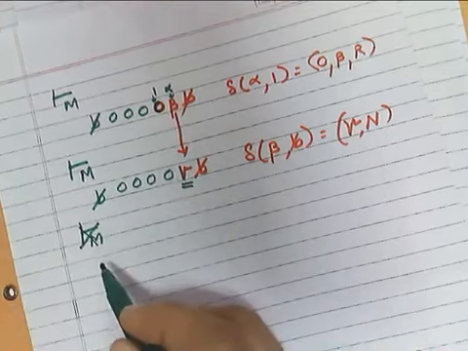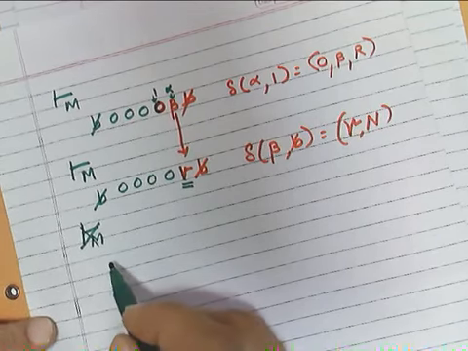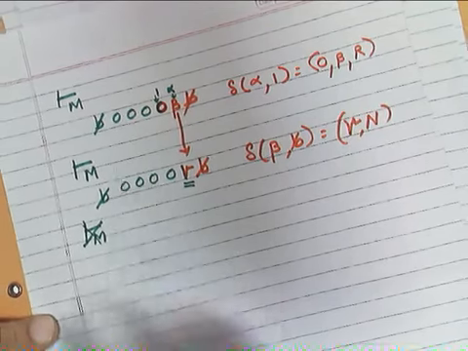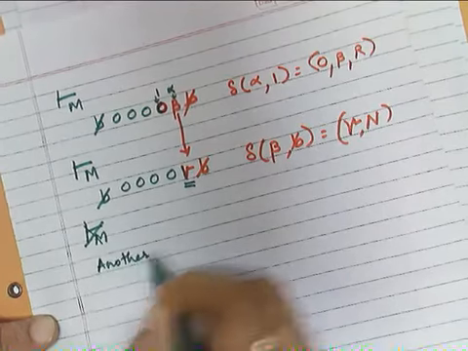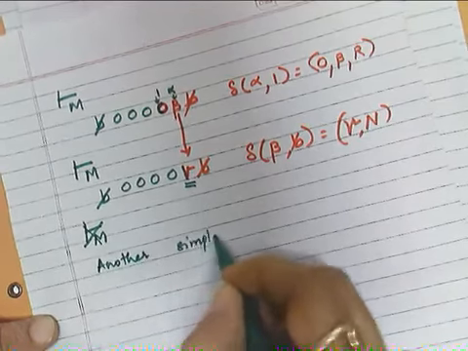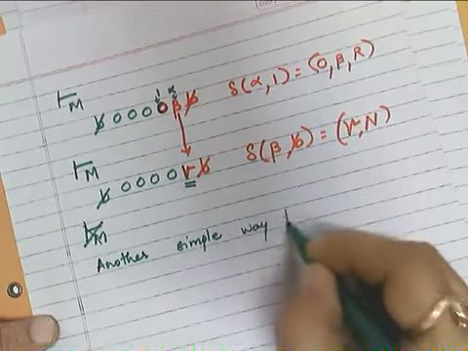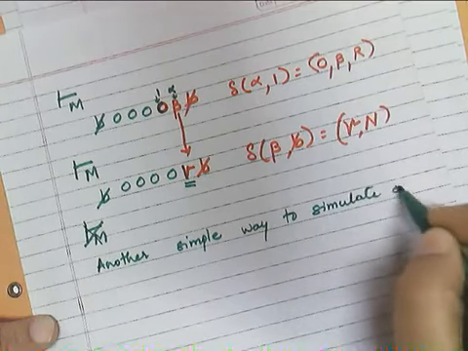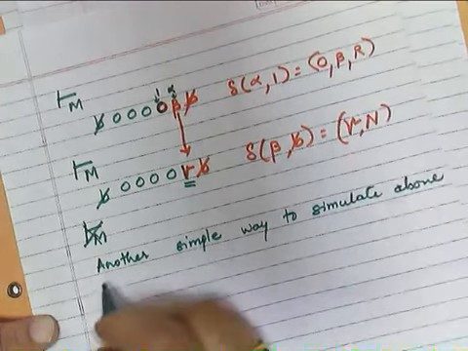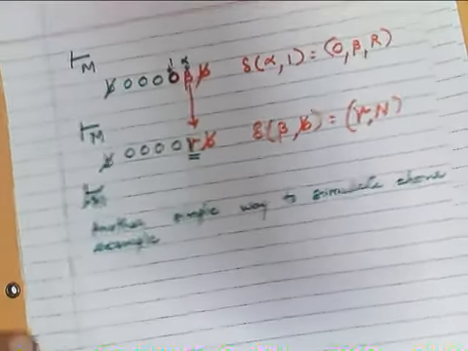Now there is one more preferred way, using the simpler ID notation for the above simulation. So another simple way to simulate the above example, how can we do it?